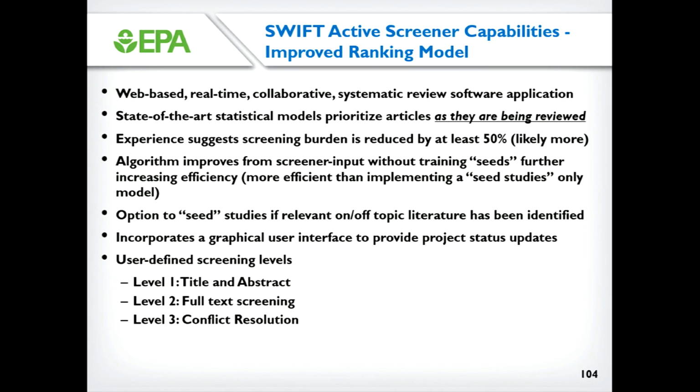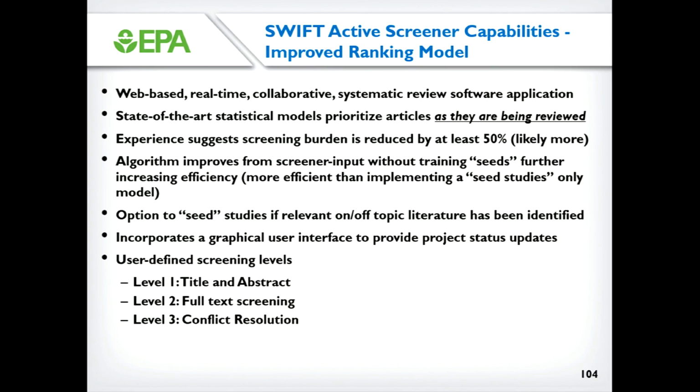And the algorithm improves from screener input without the training seeds, as I mentioned, further increasing efficiency, more efficient than implementing a seed study-only model. The option to seed exists, so if you know you have an article that is going to be included, you can go ahead and seed that, and that'll just improve the efficiency of the model.